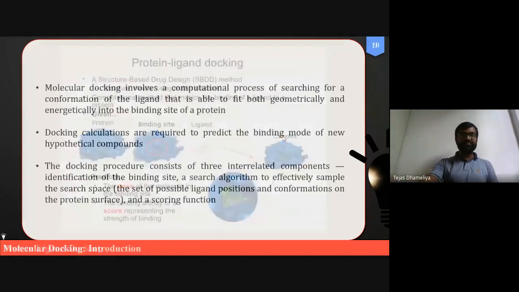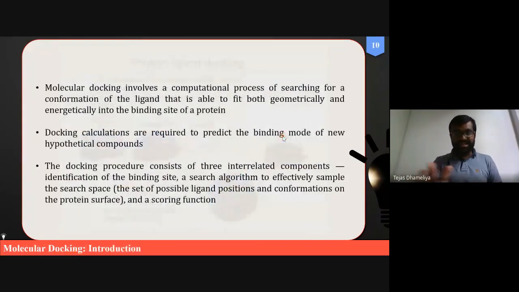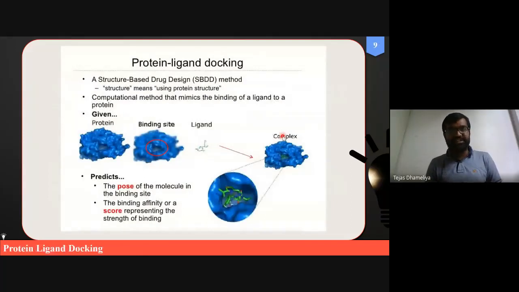Okay, so the last slide for today's session is protein ligand docking. What is that? We know the structure of the protein, and we know where the ligand is going to bind. Just like in a running classroom, whoever is the teacher, I will go and sit at the last seat of the last bench.